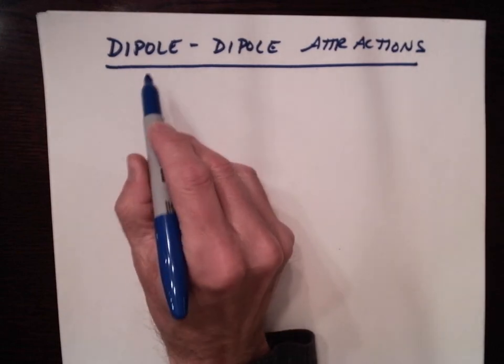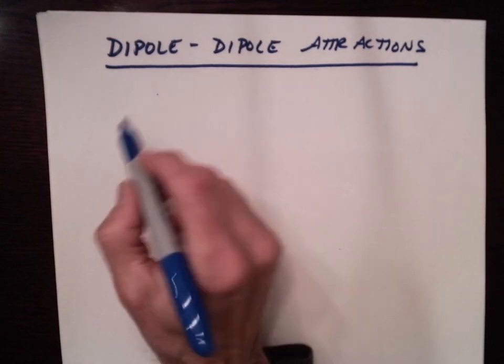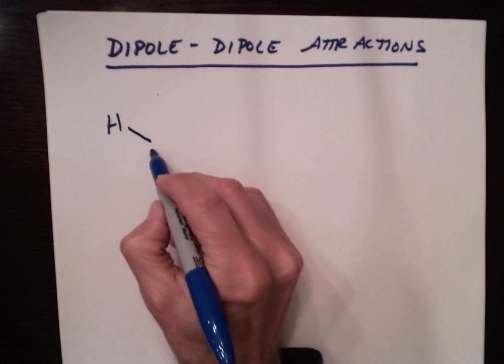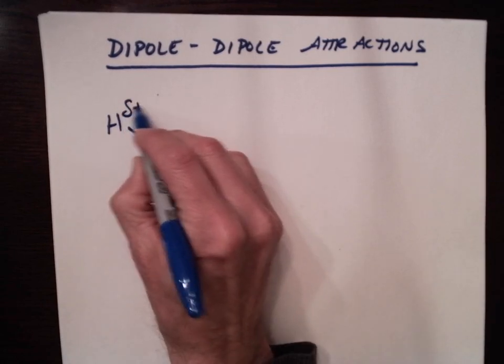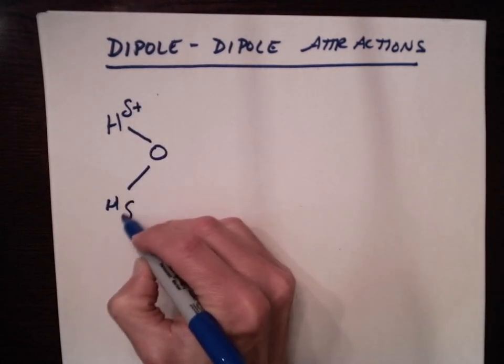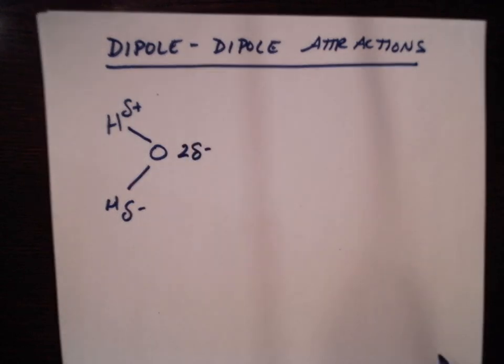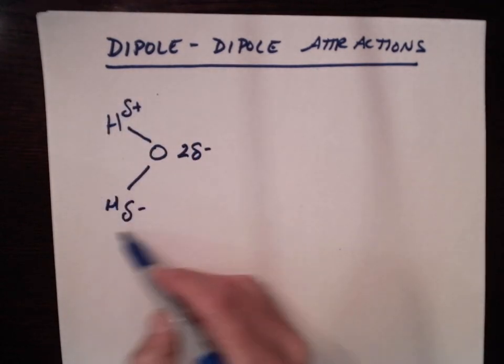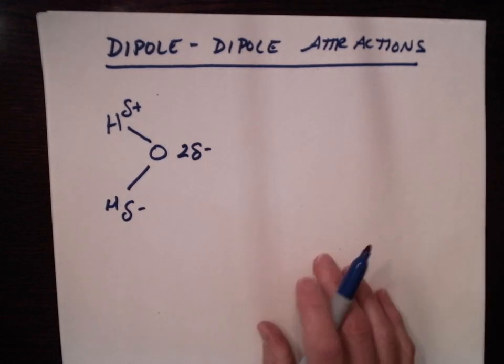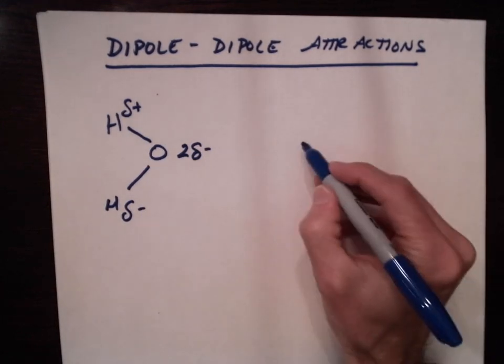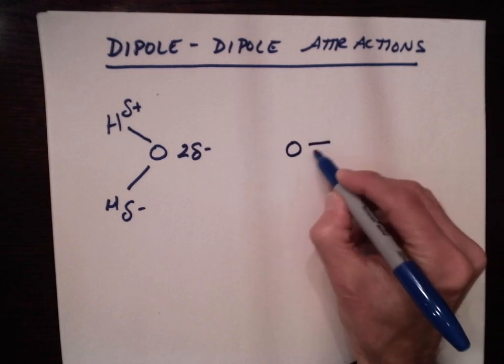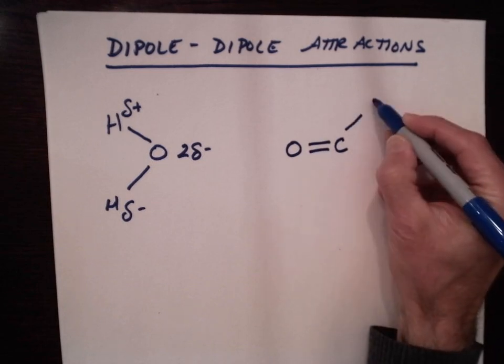Remember, a dipole is a polar molecule. One of these molecules has a partially positive and a partially negative part. So this is one of our dipoles. And then we could set up another molecule that's a dipole over here. I'm just going to put a molecule of acetone over here.